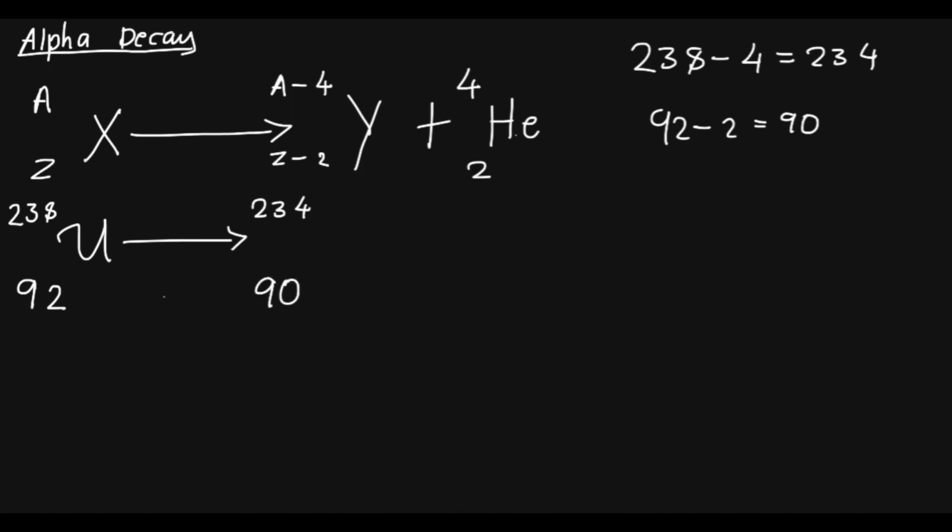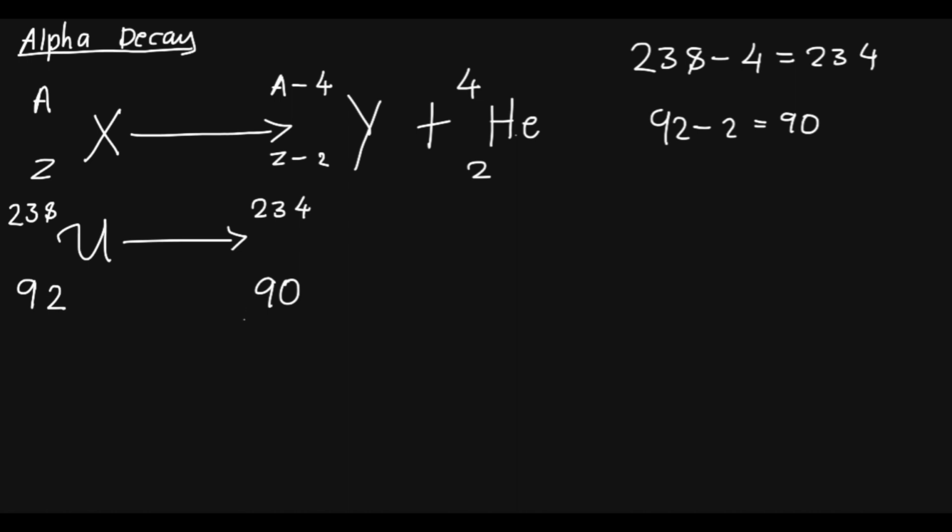Now, if you want to find the actual name for the daughter atom that has been formed, you need to use the periodic table. From the periodic table, you just look at the element with the atomic number of 90. Don't worry about whether the mass number that we have corresponds with the mass number that you see with the element on the periodic table.